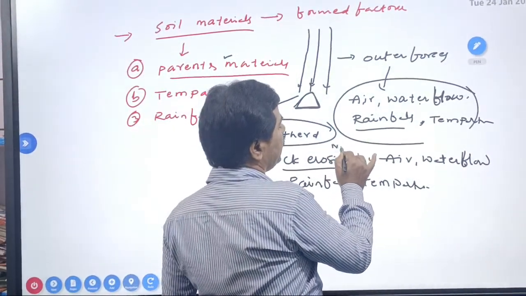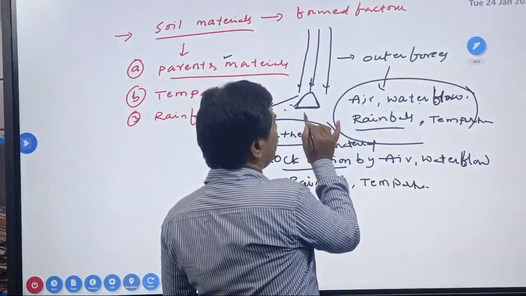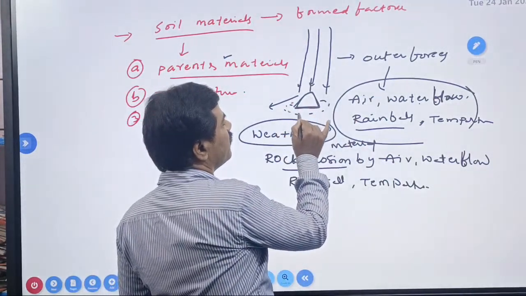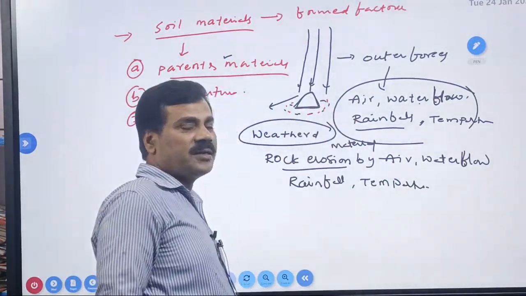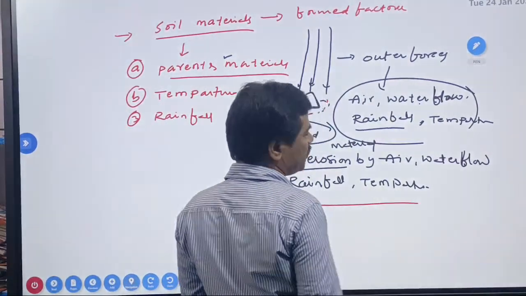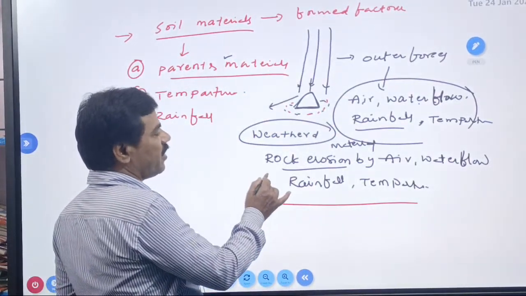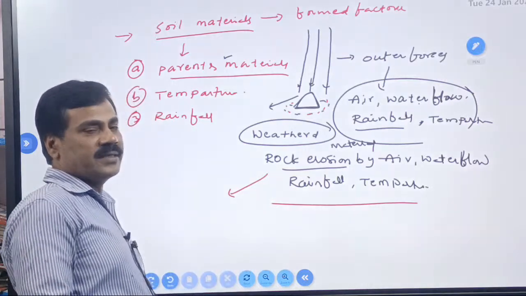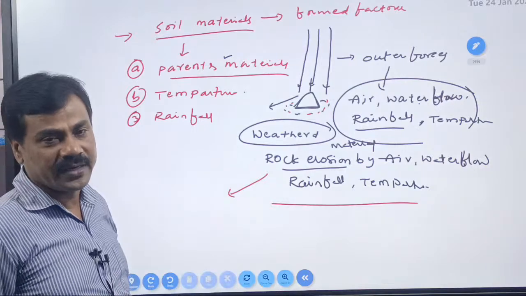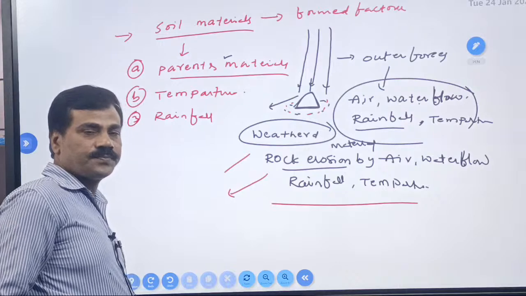Weathered material is deposited around highlands, mountains, hills, and plateaus. Gradually this eroded material is converted into soil. High fertility soil is formed by weathered rocks.